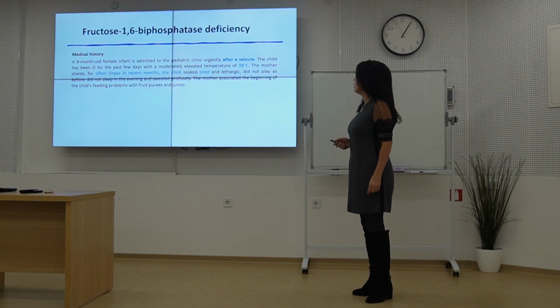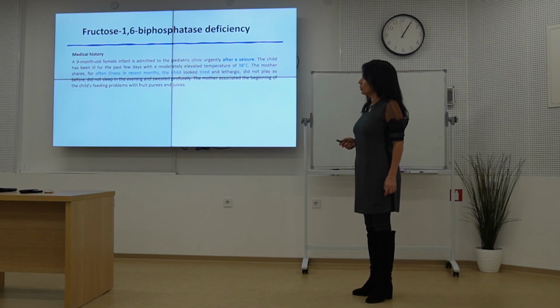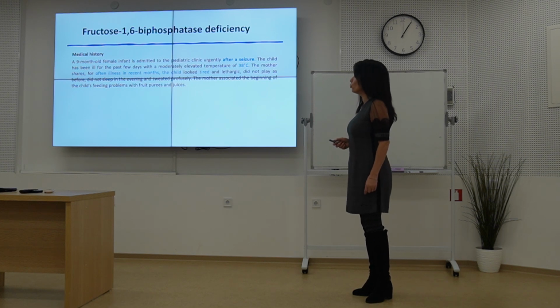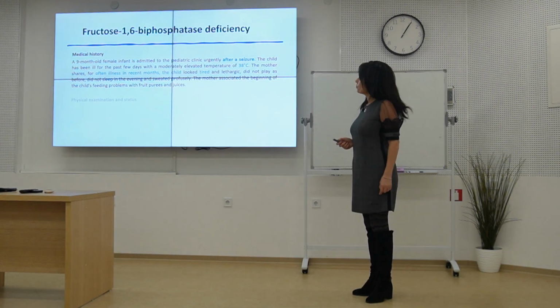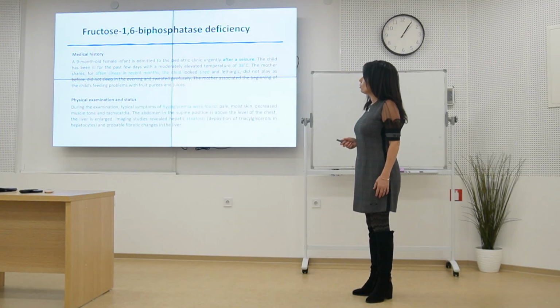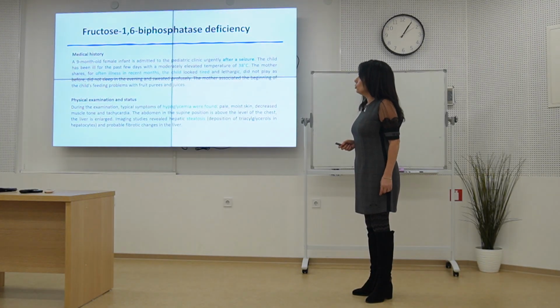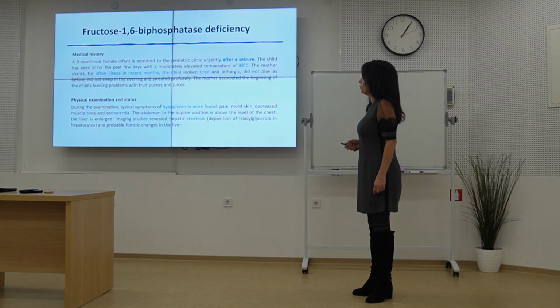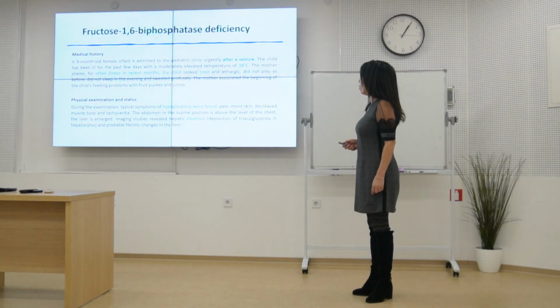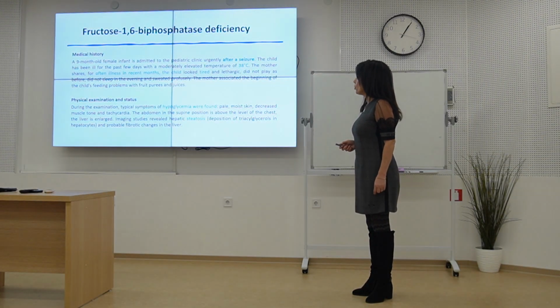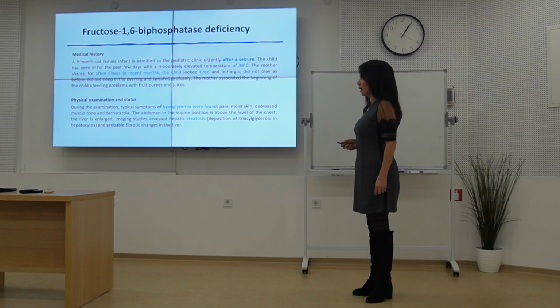The mother associated the beginning of the child's feeding problems with fruit purees and juices for the first time. From physical examination and status: during the examination, typical symptoms of hypoglycemia were found: pale, moist skin, decreased muscle tone, and tachycardia.